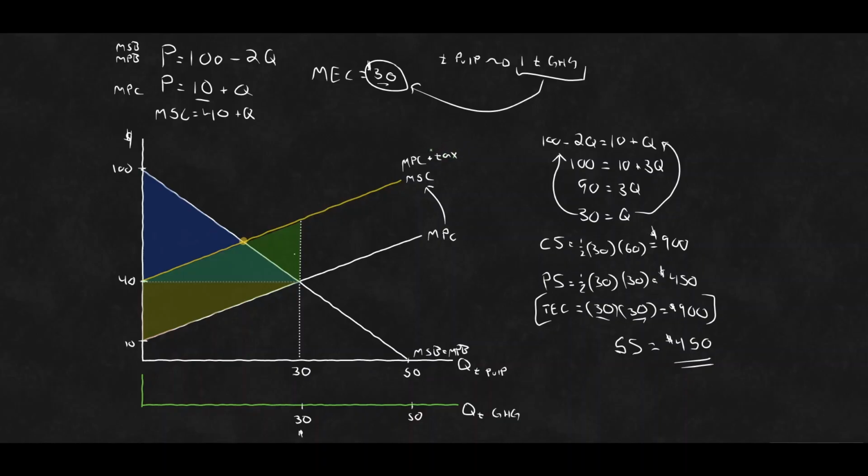If we set the tax equal to our marginal external cost, well, then this line perfectly overlies on top of our marginal social cost curve, and we can get a new market price that we would end up charging for this. But more importantly, we would get our corresponding quantity exchanged, which would be socially optimal.